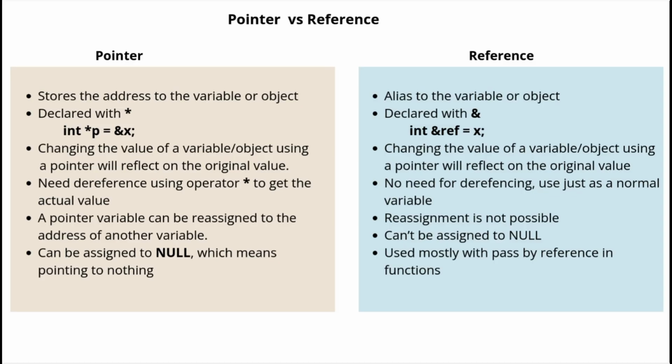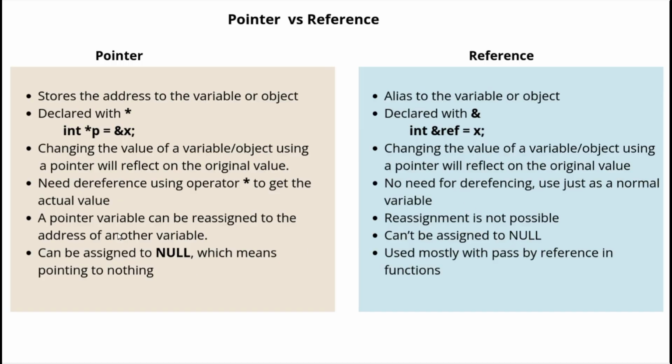Any operations on the reference alias will be applicable on the original variable. For a pointer you need to dereference it before using the variable, but in the case of a reference, it is not required. You can just use it like a normal variable.